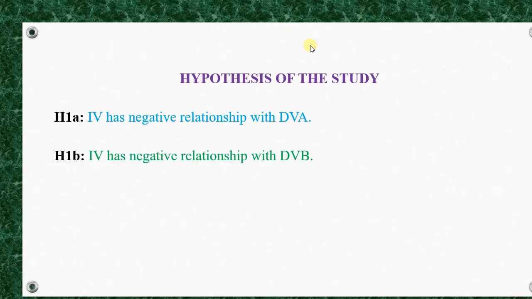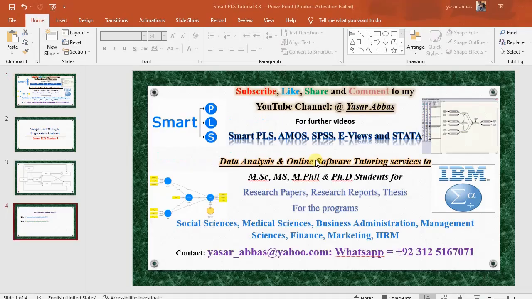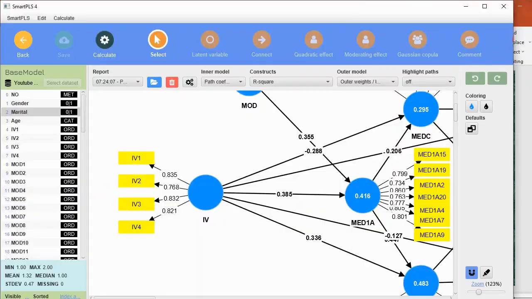I am going to run a simple test of the hypothesis that IV has a negative relationship with DVA and IV has a negative relationship with DVB. So I am going to elaborate how we will perform the regression analysis. So this was my model.